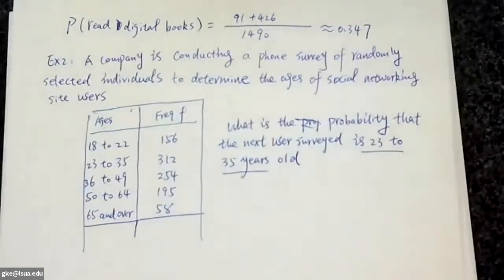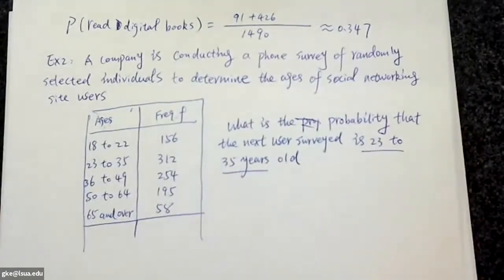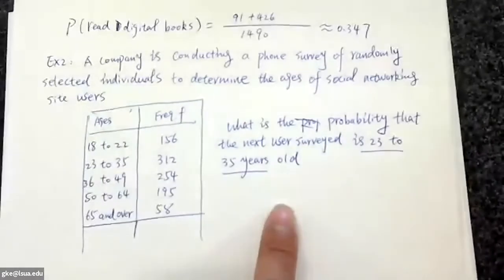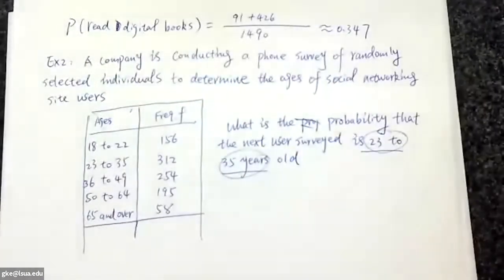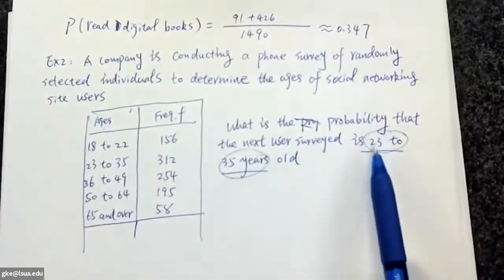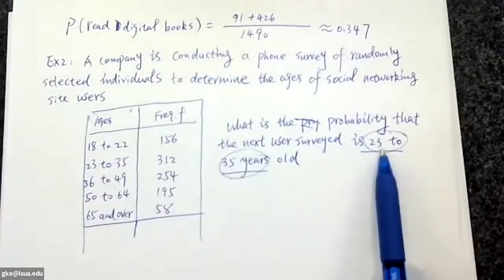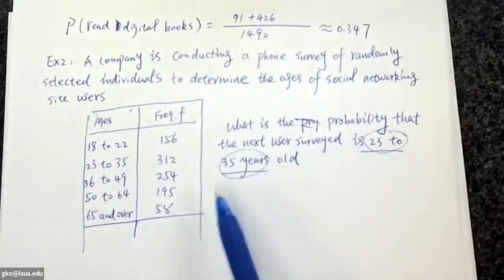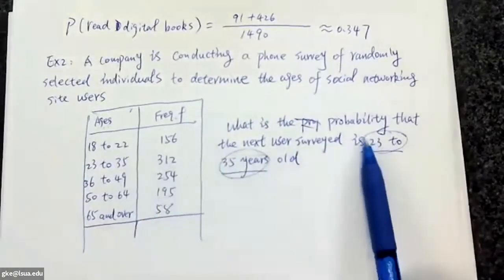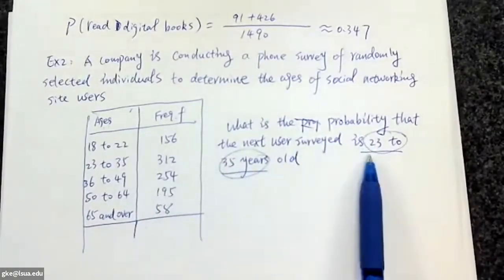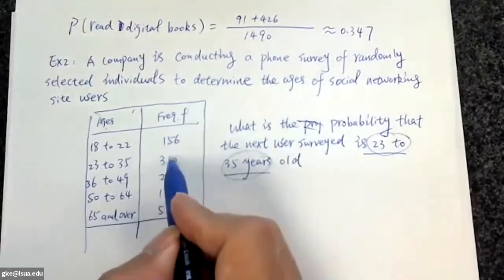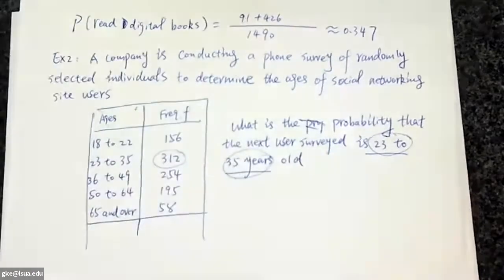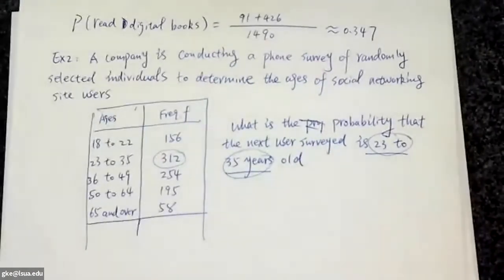Now, based on the empirical probability formula, for the numerator we find the frequency for this event, and we can check the table. The frequency for 23 to 35 years is 312, right?